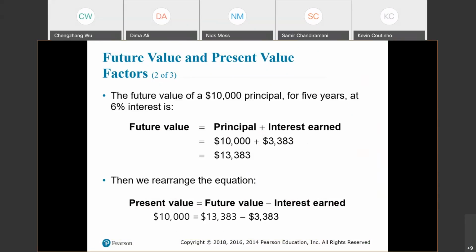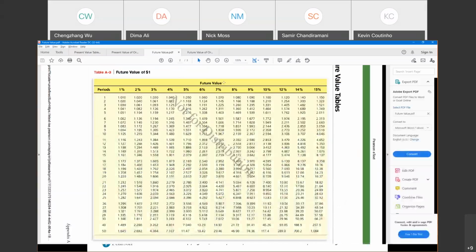So we would like to find the future value factor from the future value table. The period is 5 years and the interest rate is 6%. So we need to find this value at the intersection of 6% interest rate and 5 periods.